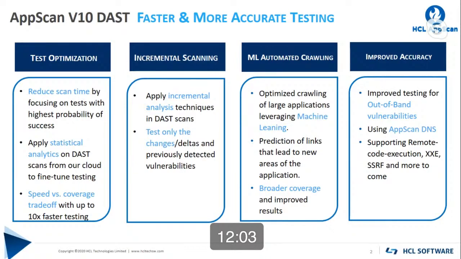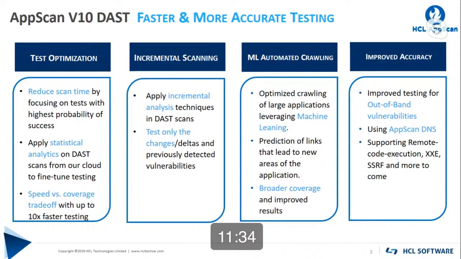They want to integrate it into their DevOps, into development environments, and they want fast results. So this is the first goal of this capability. With this, we reduce the scan time by focusing on tests with the highest probability of success. We take into consideration also the severity of those.